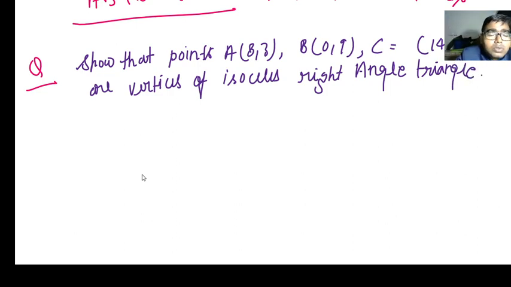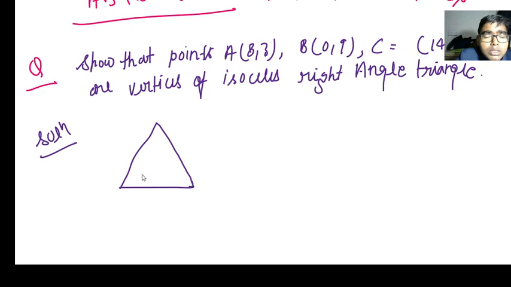Right. So what is an isosceles triangle? It is a triangle in which two sides are always equal.